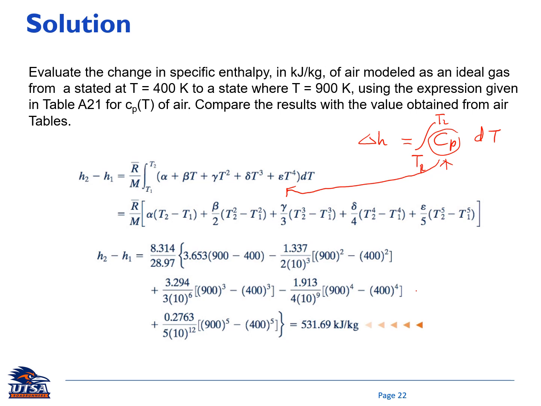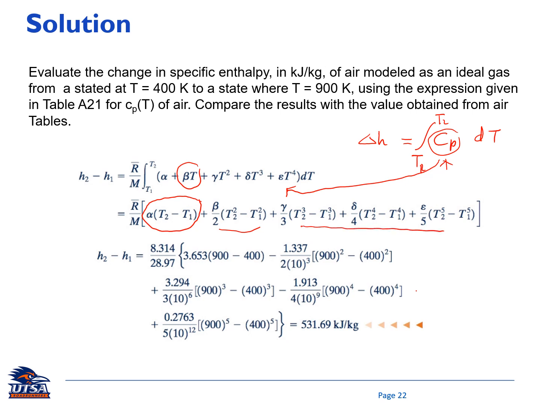Nothing complicated here, you just apply the integration formula. The integral of alpha dT will be alpha delta T, and beta T will result in beta over 2 times T squared. Because the integral is from T1 through T2, you have beta over 2 times T2 squared minus T1 squared, and so on.